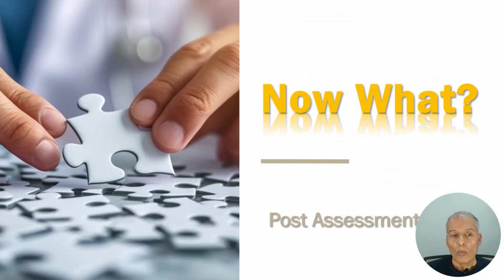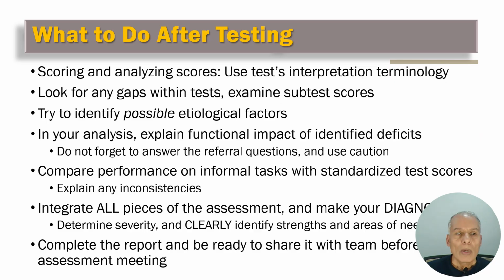So now we have taken the case history, built the background, we have administered our testing in every area, we analyzed our language sample, everything is done. What do we do? So we need to complete the scoring, and we need to analyze the scores. What do they mean?